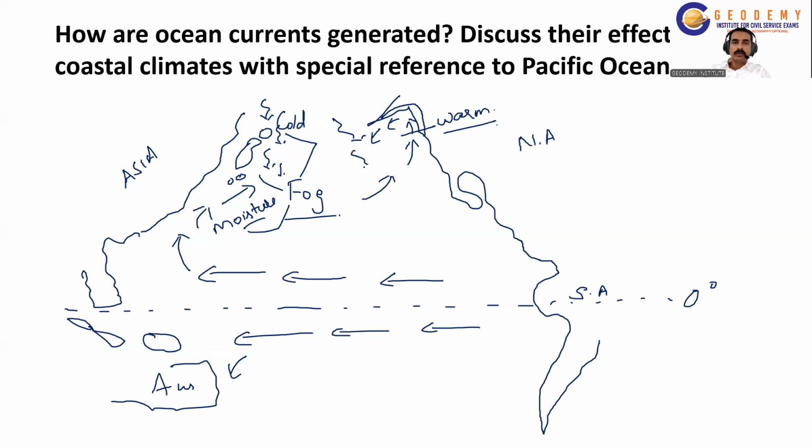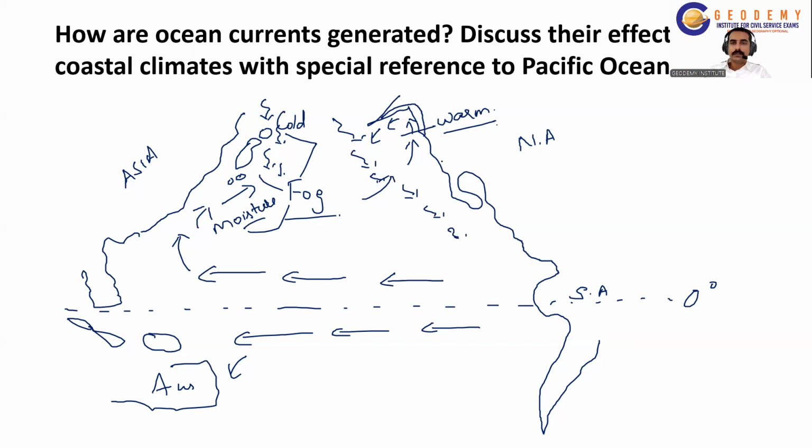Then the cold current, after the drift, extends over this region nearer to California. As the cold current extends over the western part of North America in the eastern Pacific Ocean, the cold, dry air mass comes here. As it is cold and dry, the air mass will not rise and will not have moisture content.